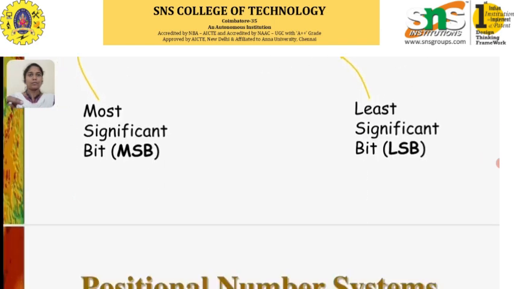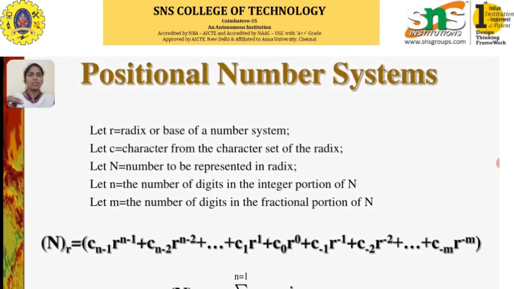This positional number system has these coefficient values. Let R be the radix or base of the number system, let X_c be a character from the character set of the radix, and n the number represented by the radix. Small n denotes the integer portion and small m denotes the fractional portion of the number.